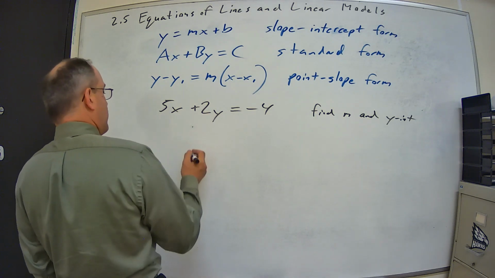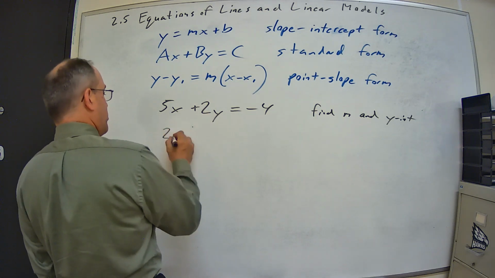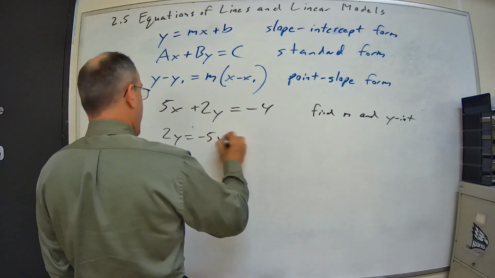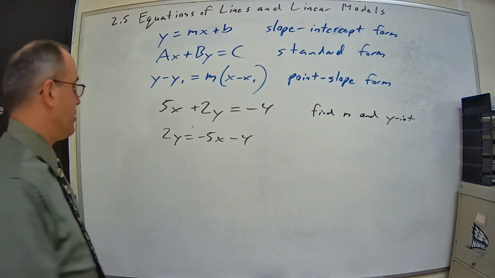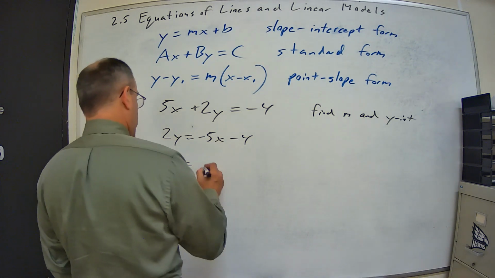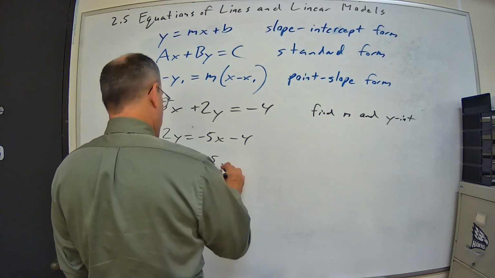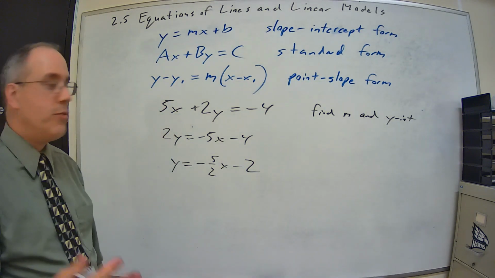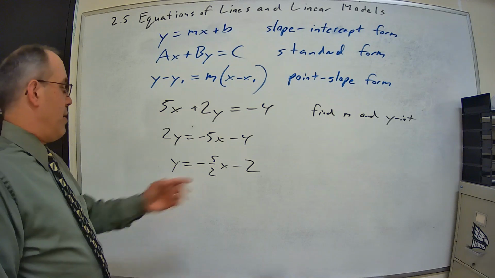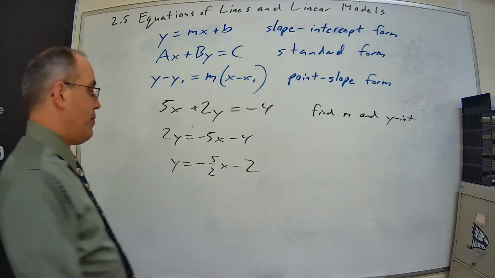So we're going to subtract 5x from both sides, giving us 2y is equal to negative 5x minus 4. And then we're going to divide both sides by 2. So y is equal to negative 5 halves x minus 2. Negative 4 divided by 2 is negative 2. Now we're in the slope-intercept form.